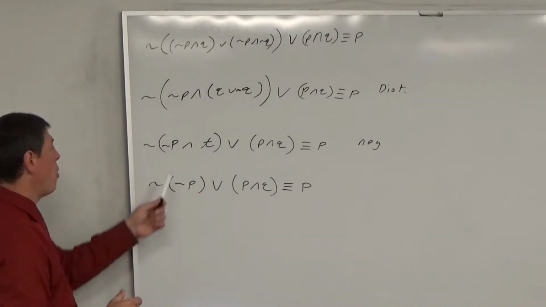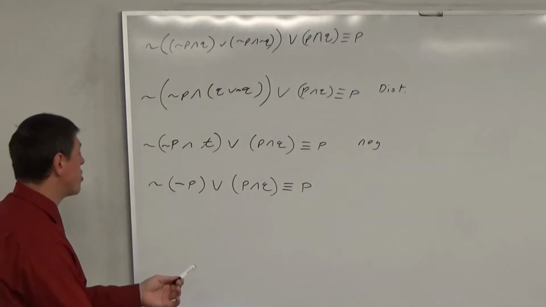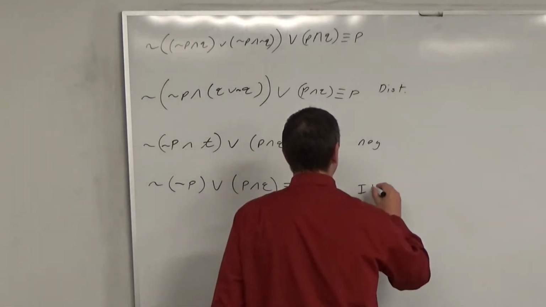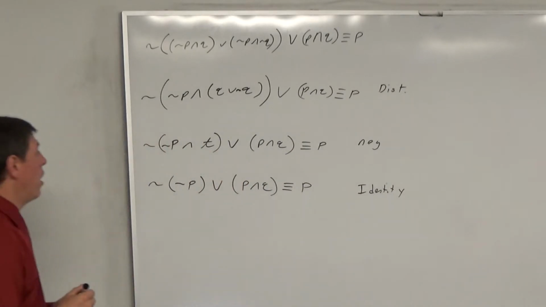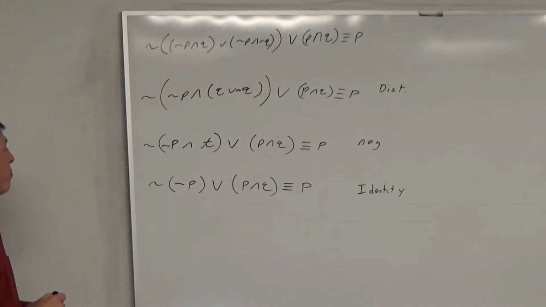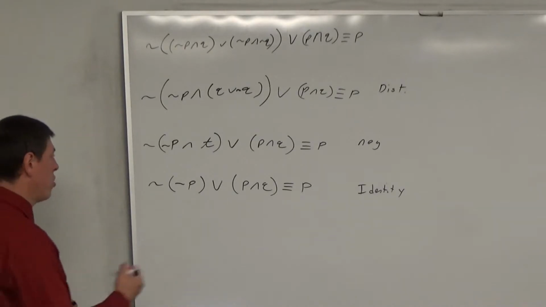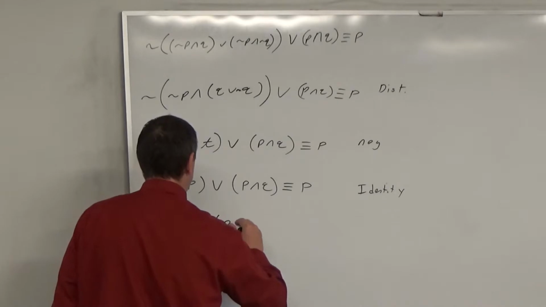Okay. So if you have something and a tautology, it's always going to end up being the something. Okay. So this is going to be our identity property. I think it's almost leading you upside the head that not P is just going to be P. Okay, so we have P or P and Q.